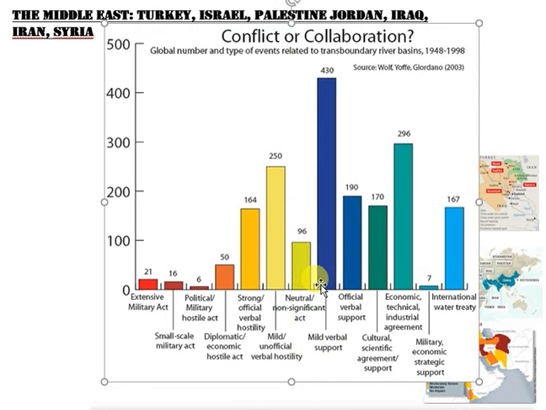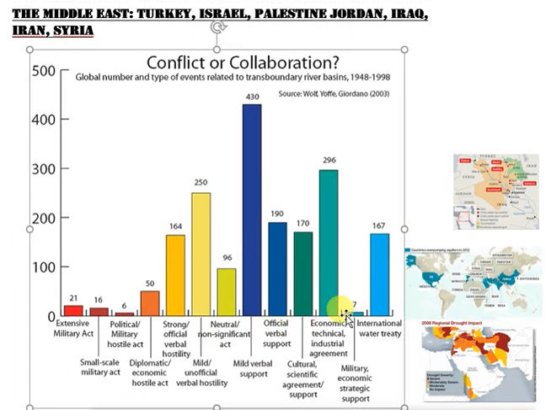But then all these columns in blue are actually where there's been some kind of agreement. So 167 international water treaties, a strong agreement. Then we've had agreement between industry and other sectors, and official verbal support for people's actions.